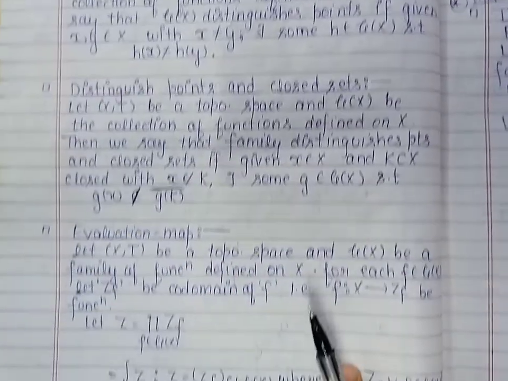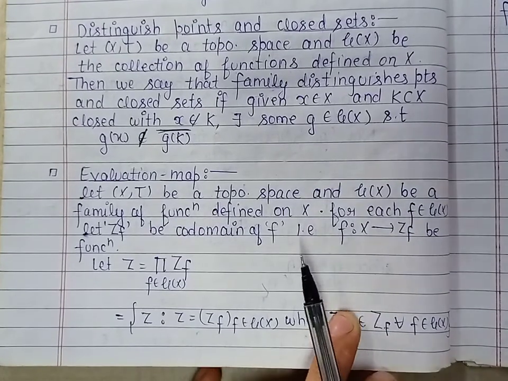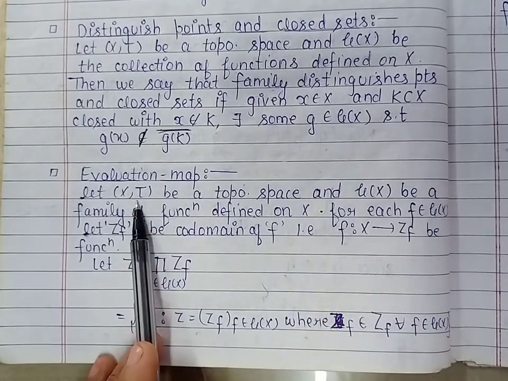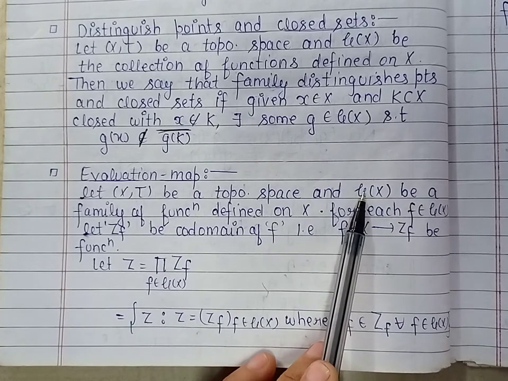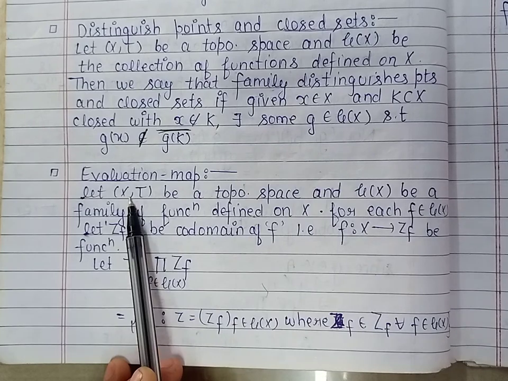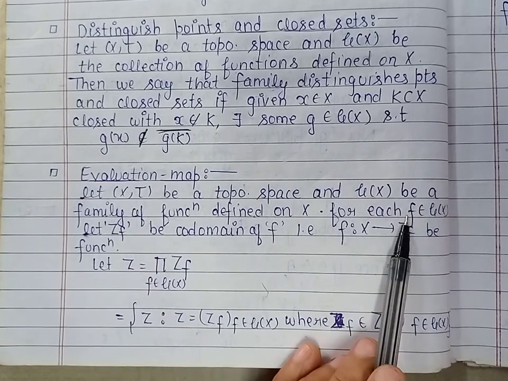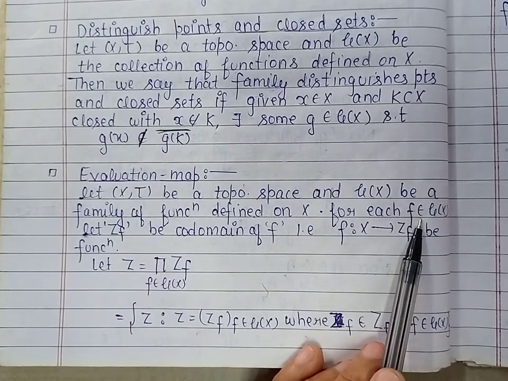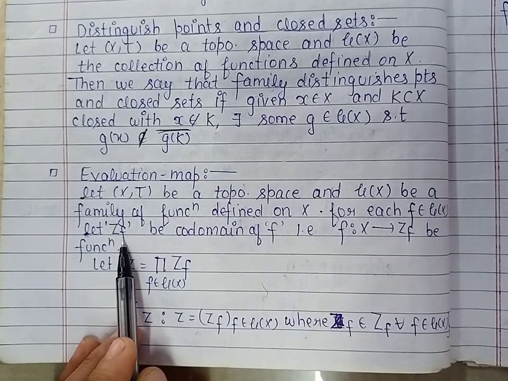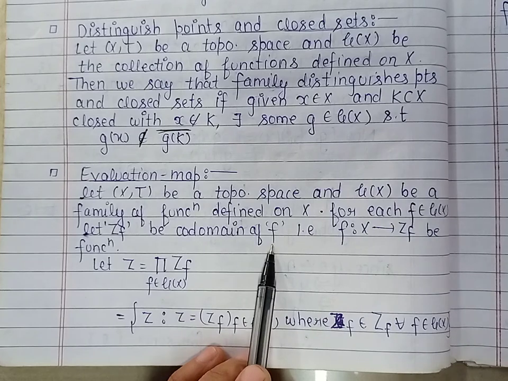Now next, to define the evaluation map. Let us take a topological space (X, τ) and B_X is the family of functions defined on the topological space X. For each f belonging to this family of functions, let us denote Z_f as the codomain of the function f.